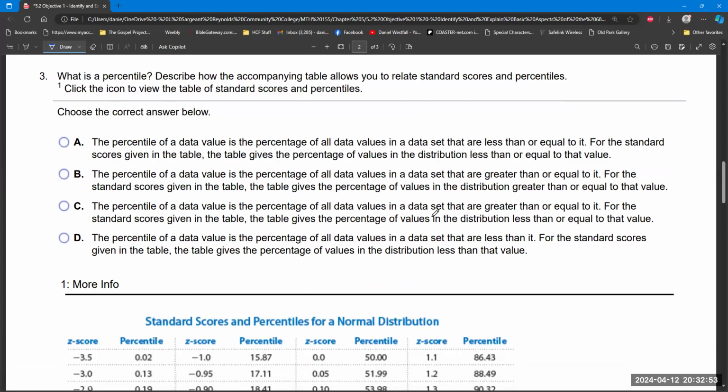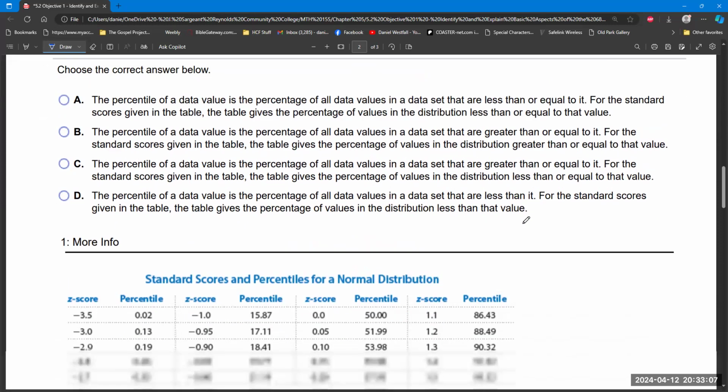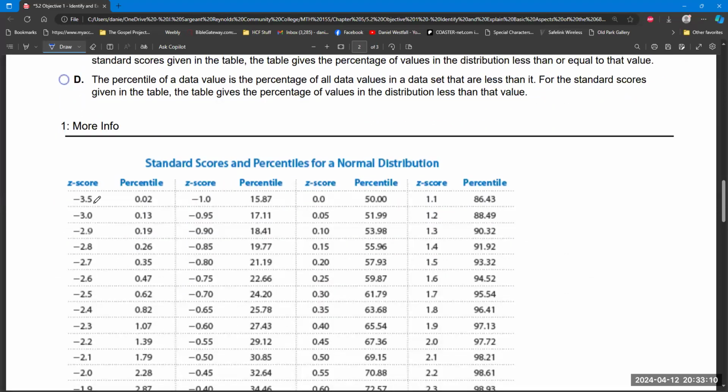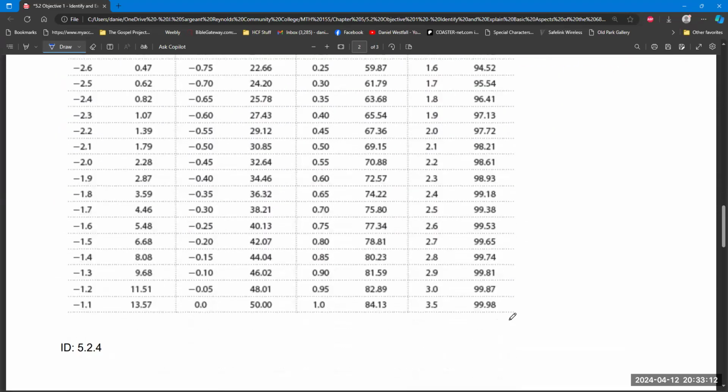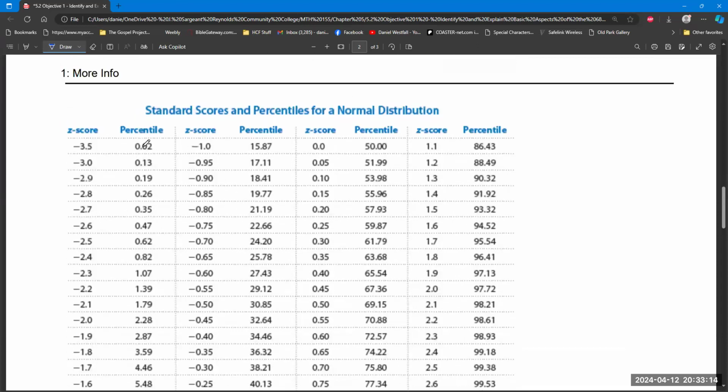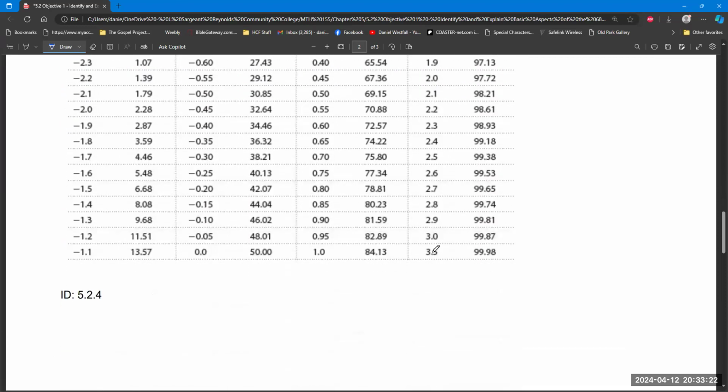What is a percentile, and describe how the accompanying table allows you to relate standard scores and percentiles. This is very typical of a Z table, and it's going to report percentiles usually, and it will usually go between negative 3.5 standard deviations and 3.5 standard deviations, because you see how close we're getting now to 0% below negative 3.5 and 100% being below 3.5.